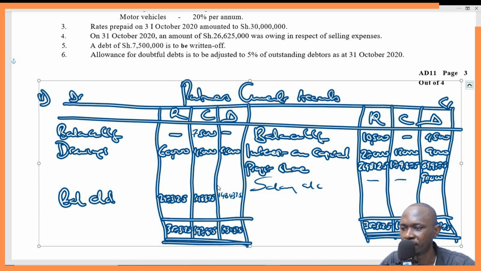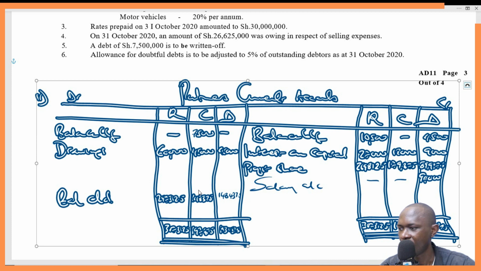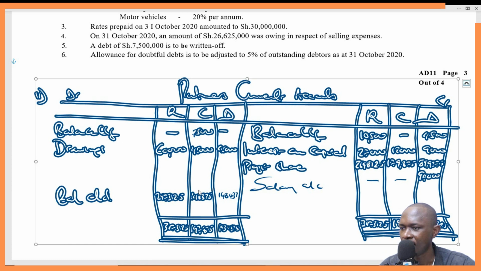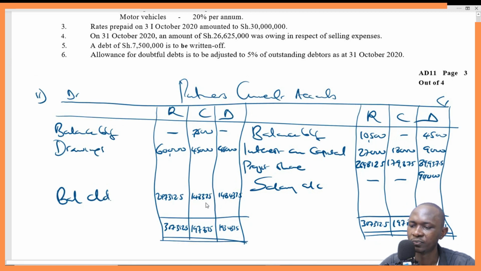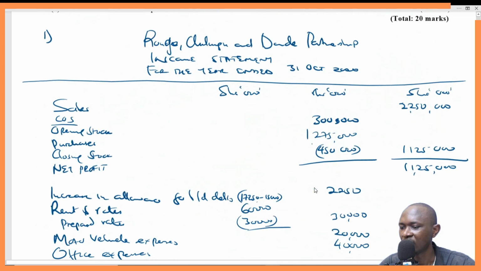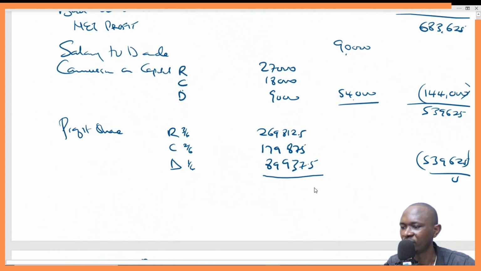Let's give it time. Hope it doesn't mess it. Good. So 148,375. Now it's 145,375. So we simply come here and replace this figure with 145,375.